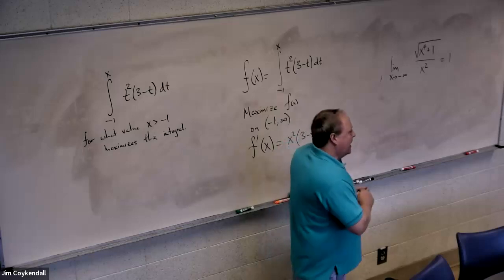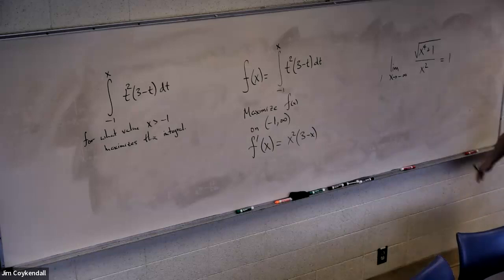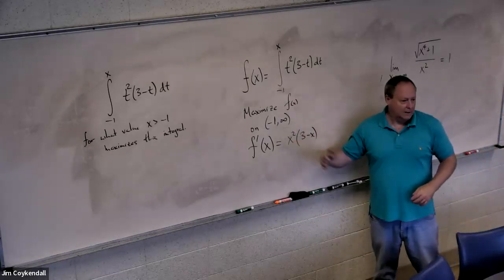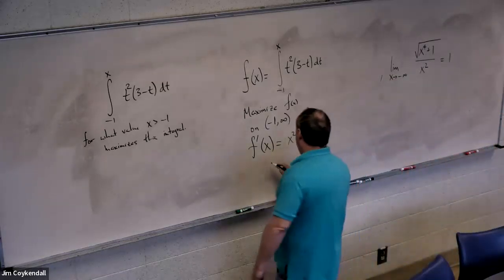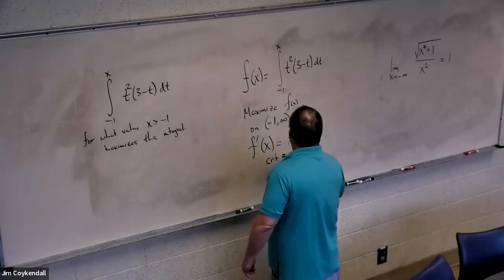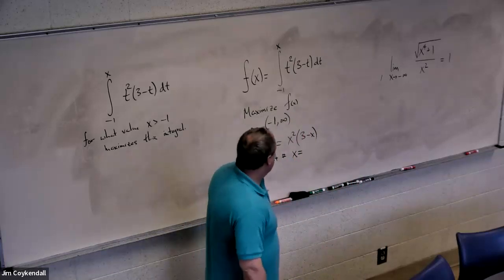When you did a maximum problem, the first thing you did was get a derivative. There it is. We've got it. What's the next thing that we did? We found the critical points that are in our playground. What is our playground? We've already got it. What are my critical numbers here?